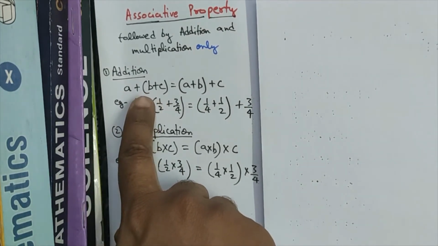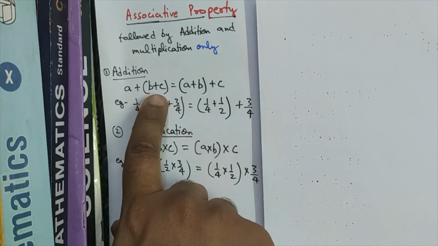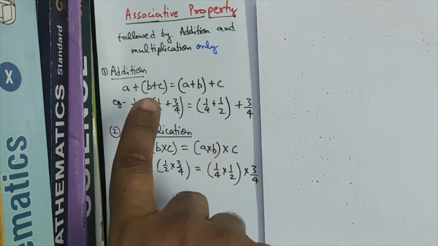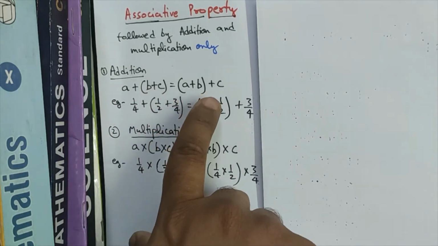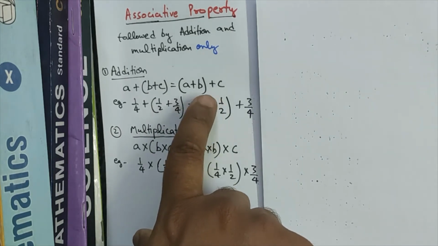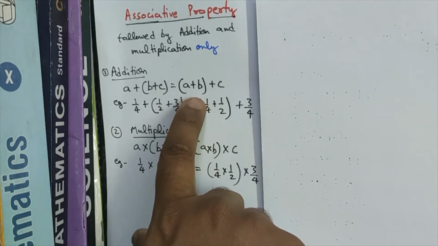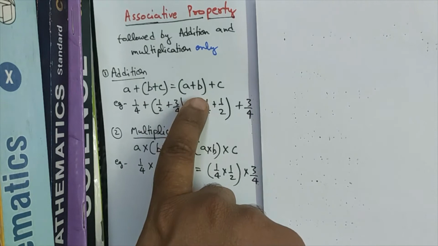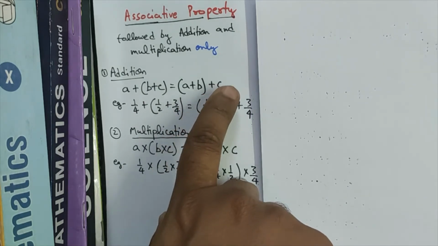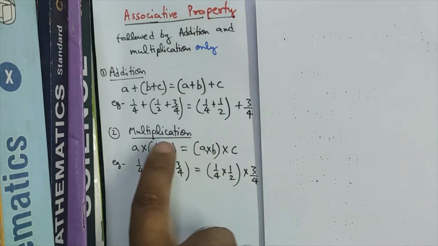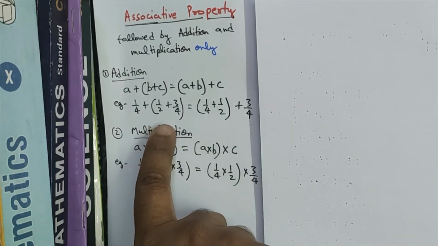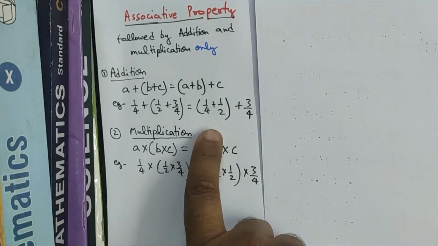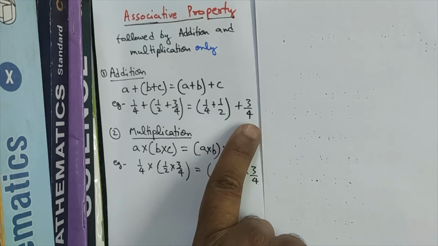It means A added to the sum of B and C will be equal to the sum of A and B added to C. For example, 1 by 4 added to the sum of 1 by 2 plus 3 by 4 will be equal to the sum of 1 by 4 and 1 by 2 added to 3 by 4.